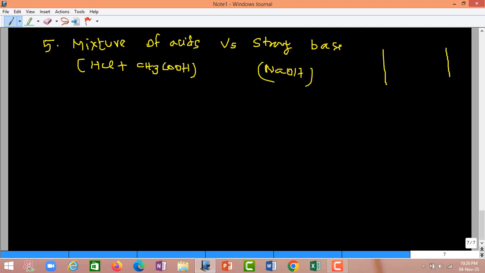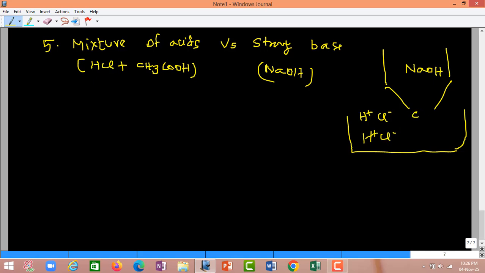Let us illustrate with a burette containing the base sodium hydroxide and the beaker containing the mixture of acids, namely the strong acid HCl and the weak acid acetic acid. When you add the first molecule of sodium hydroxide, it will react with the acid that is completely dissociated, which leads to more number of ions.